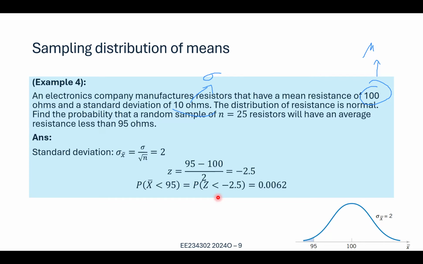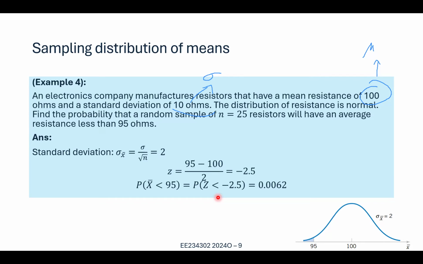which is 0.0062. So that's the probability that if we have a bunch of resistors, we take 25 of them, those 25 will have an average resistance less than 95 with probability 0.0062, which is very small, right?